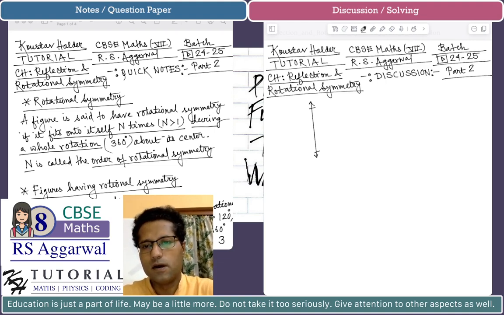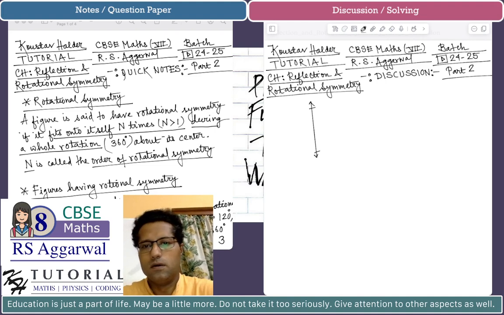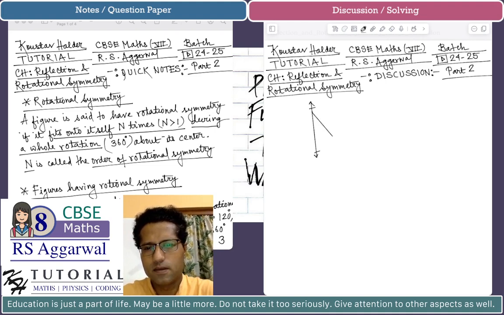I'm taking a very basic example. Let's say this line of symmetry is a diagonal of a rectangle. Let's say I have a rectangle like this.